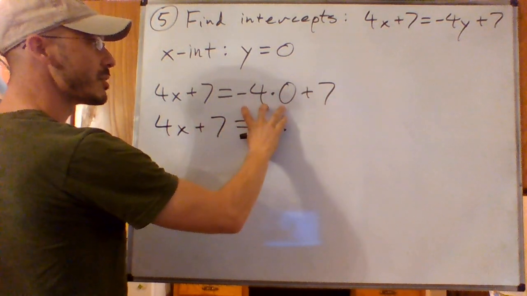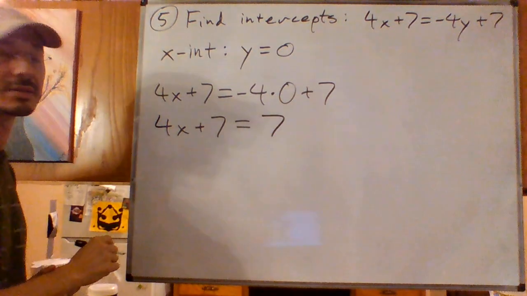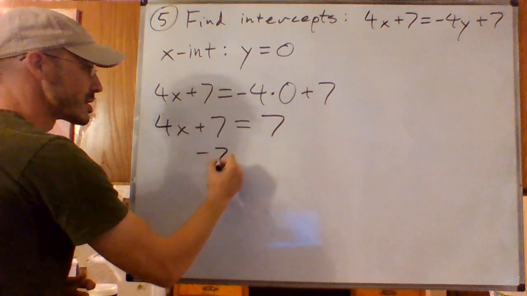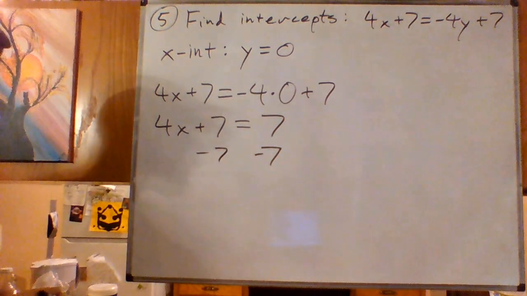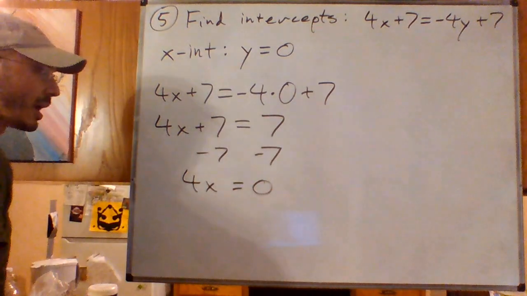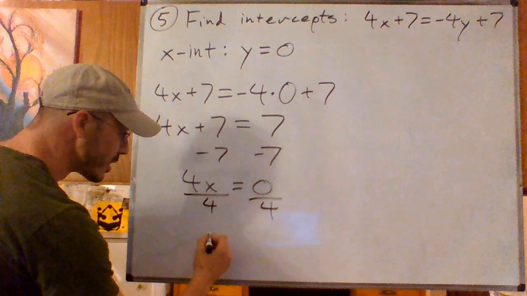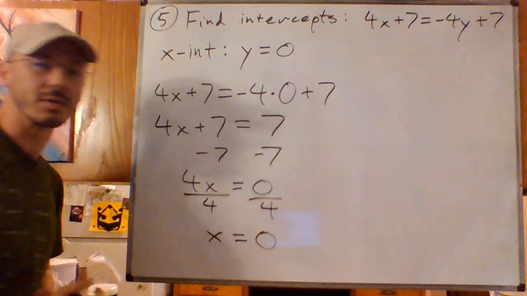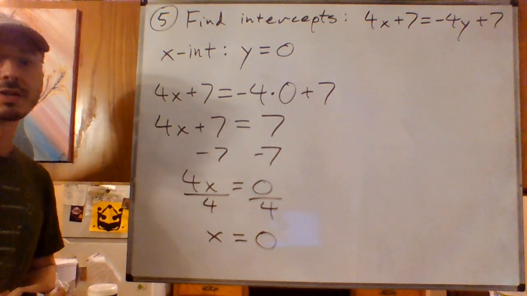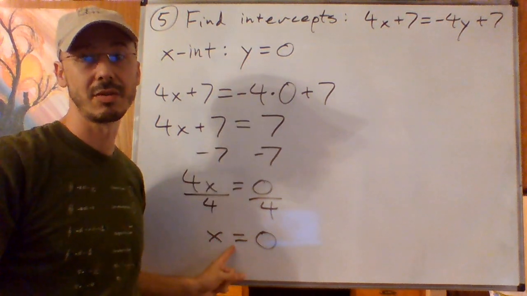This side, though, negative 4 times 0 is 0. So all that's over here is 7. If I subtract 7 from both sides, I get 4x equals 0. And divide by 4. 0 divided by 4 is 0. So what that means is if the y is 0, then the x is also 0.